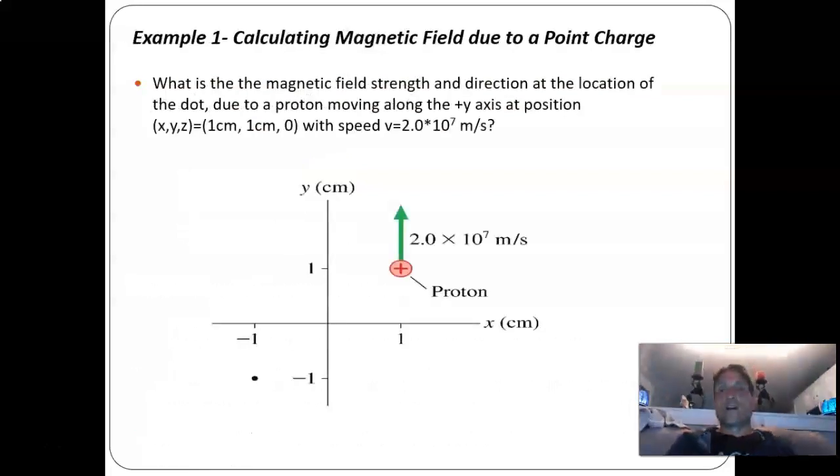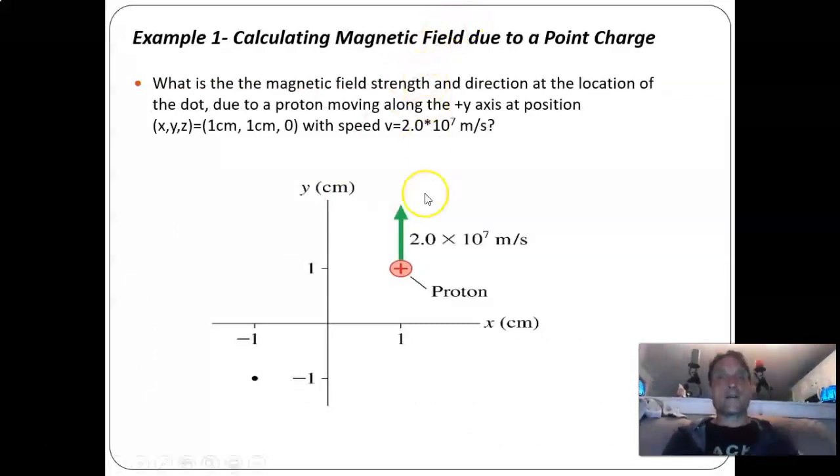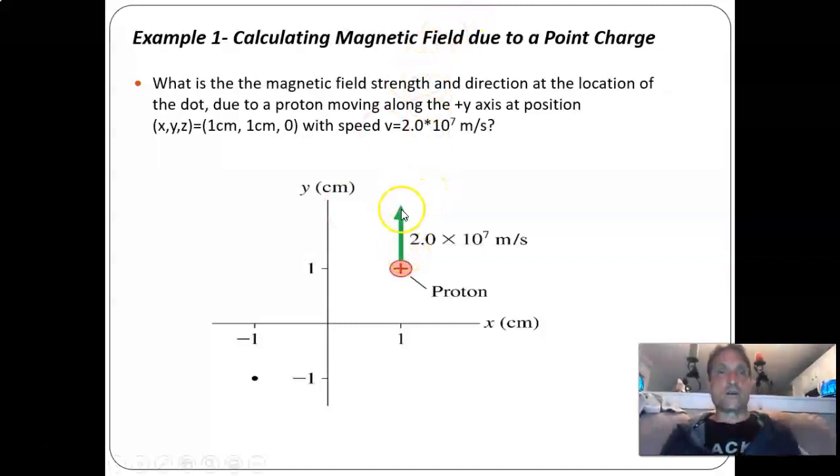Okay, now let's try an example here. Suppose that you have a charge, a proton, so it's a positive charge, and we have it moving upward along the y direction, with a speed of 2 times 10^7 meters per second. The proton right now is located at the position x equals 1 centimeter, y equals 1 centimeter, z equals 0 from some origin.